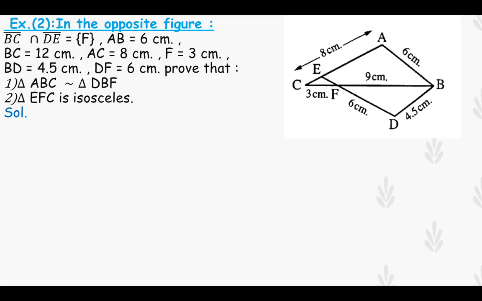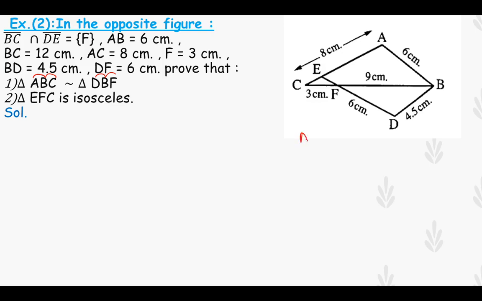So by using similarity, we are going to find AB over DB, and BC over BF, and the last one will be AC over DF. Okay, let's solve it together.